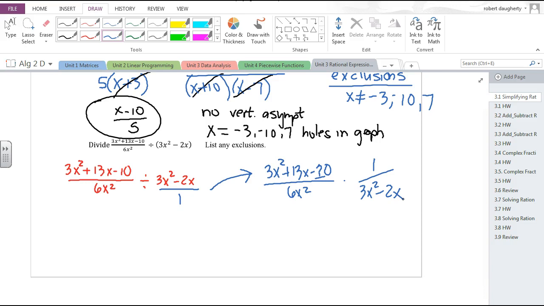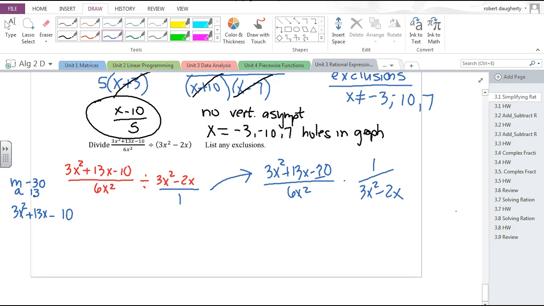Before I can find the exclusions, I'm required to do what? Factor it completely. Okay, so to factor this guy completely, let's look at that 3x squared plus 13x minus 10. I need to find two numbers that multiply to what? Negative 30 and add to 13.